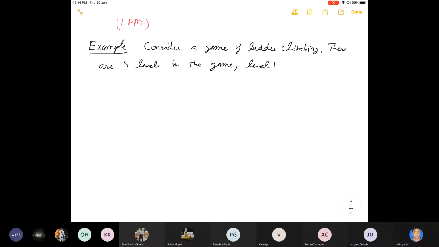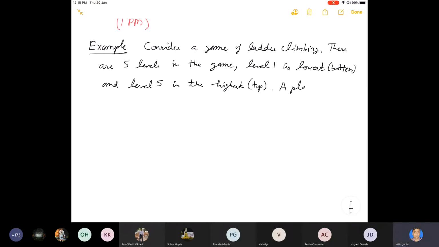Level 1 is the lowest, bottom, and level 5 is the highest, top.